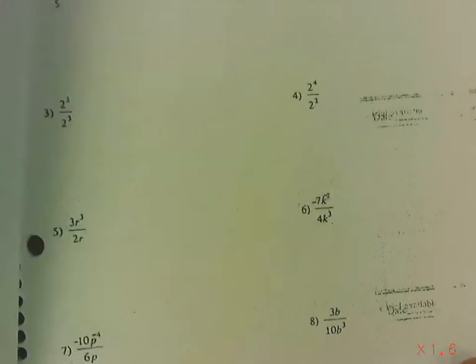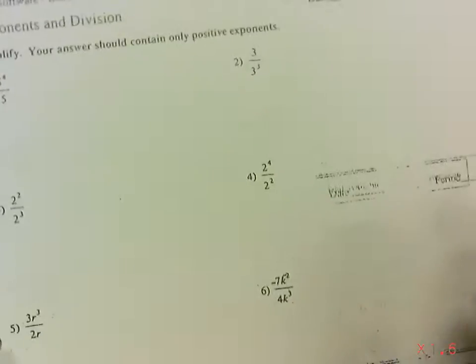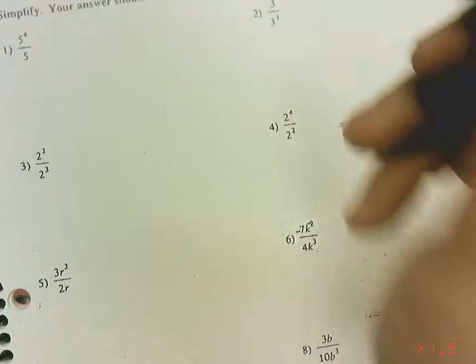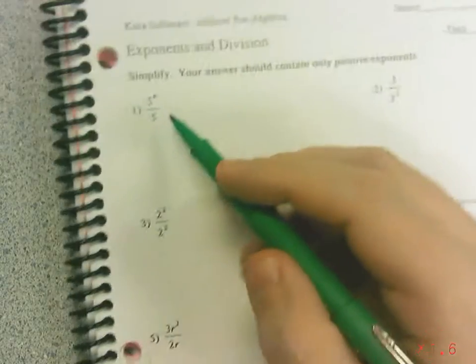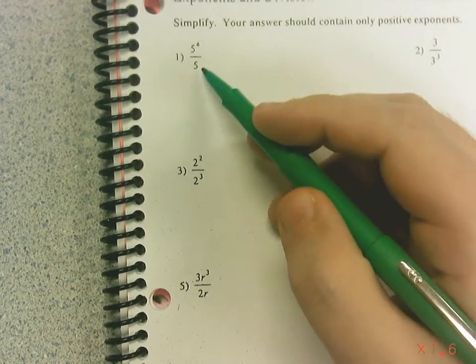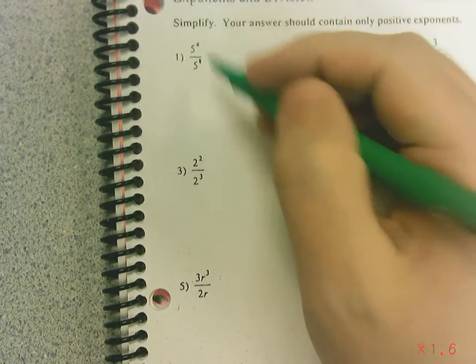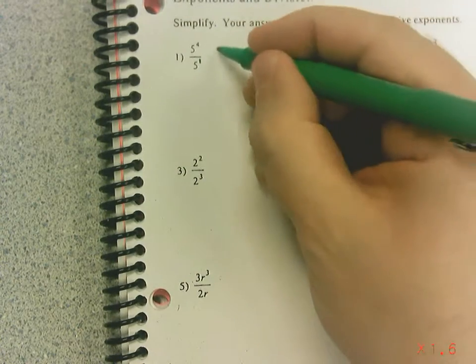So let's look at some examples on the assignment. If I look at the exponents here, I've got 5 to the 4th over 5, which would be like saying 5 to the 1st. What's 4 minus 1? It would be 3.